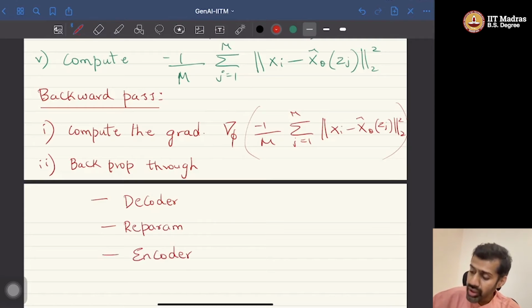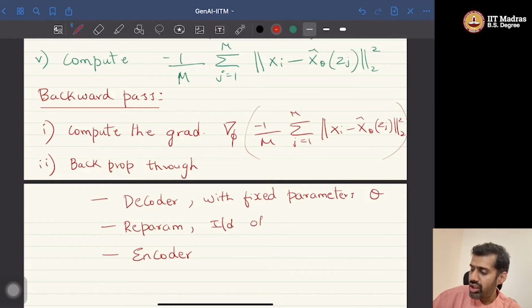When we are backpropagating through the decoder, this is with fixed parameters theta, because we are only looking at the gradients with respect to the encoder parameters. This is independent of phi, and here the gradient is computed with respect to phi.